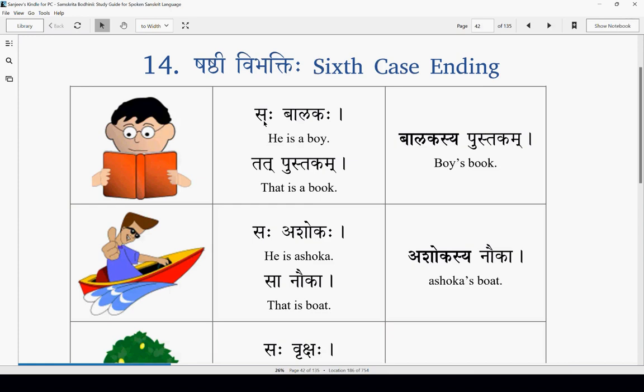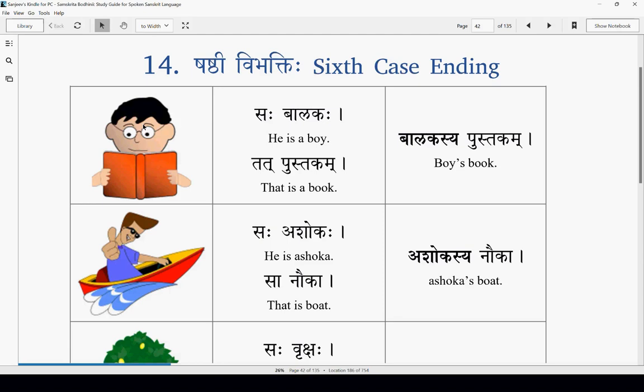Saha balakaha tat pustakam becomes balakasya pustakam. On the left side you see Saha balakaha, tat pustakam, both Prathama Vibhakti Ekavachanam. Balaka is one namapadam, a noun. Pustakam is another namapadam. Now this pustakam belongs to balaka.